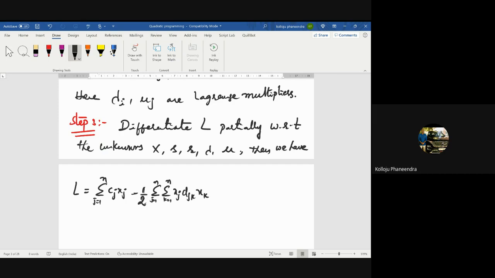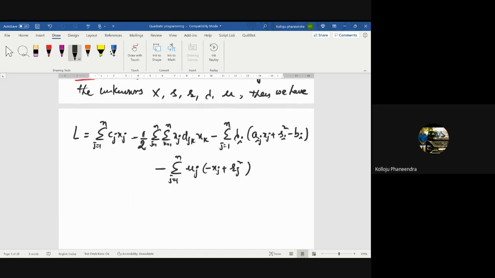This is the objective function, minus summation lambda i into, what are the constraints? aij into xj plus si square minus bi. This is over. And another one is, summation j equal to 1 to n mu j into minus xj plus rj square. This is the complete L function by substituting f of x.